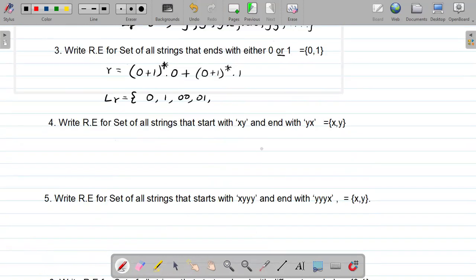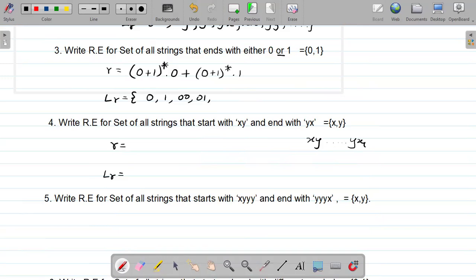Next is the set of all strings that start with xy and end with yx. So this is comparatively simpler. Start with xy, so we'll have xy, and end with yx. So in the end, we'll have yx. And in between, we can have any combination of x and y.